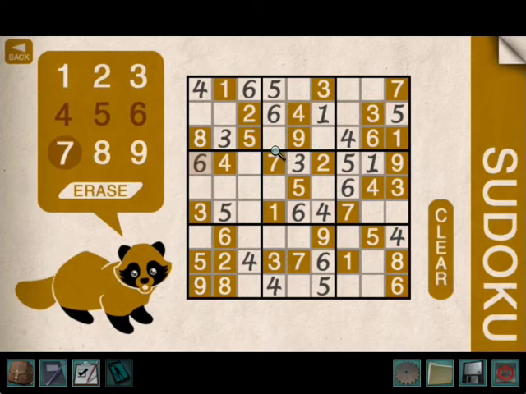7. Where can we place 7? Right there. And on this one, it has to go in either one of these spots. Okay, we'll have to come back to this one here in a little while. 8, 8, 8, 8.